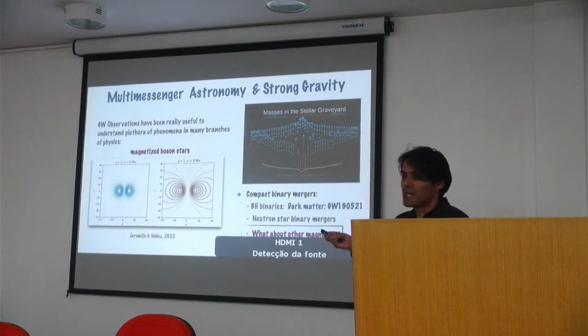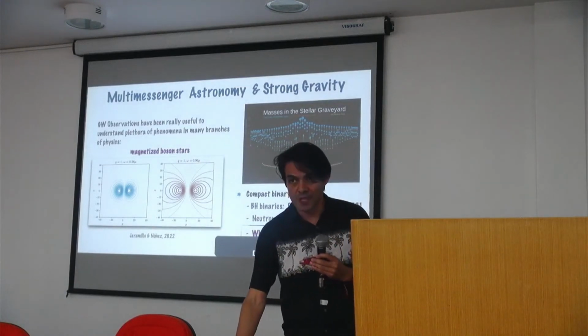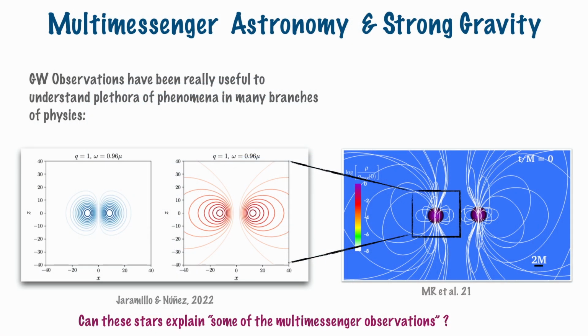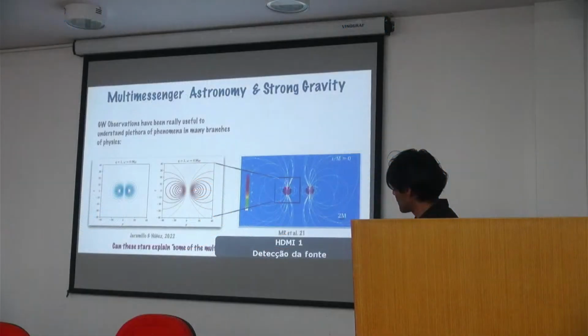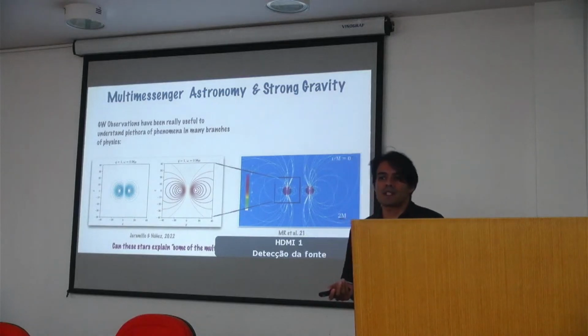If you recall what I was showing yesterday, a few slides before, about GW170817, this is essentially what we have here. We have a star, and we have magnetic field that extends from the interior all the way to the exterior. So now the question that I want to address is, can these objects explain some of the multi-messenger observations?